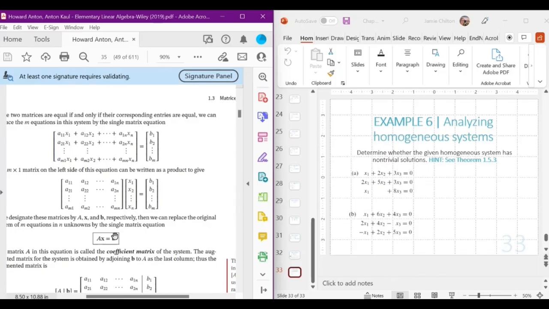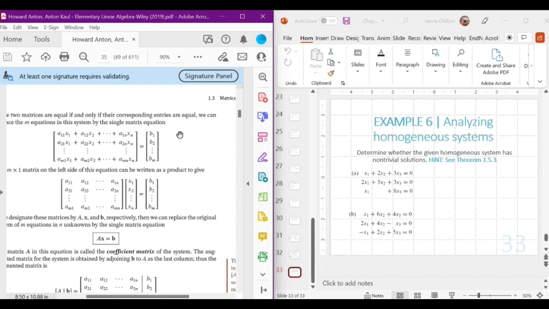The way that we represent that by a single matrix equation that's going to encompass all of this is that this matrix is going to be your A. This column matrix of your x variables is represented by the x, and all of that is going to equal your column matrix B. So you can further simplify the representation. Just keep that in mind.